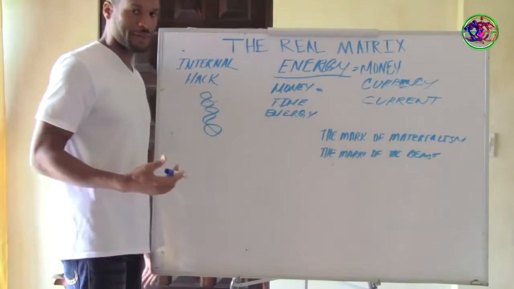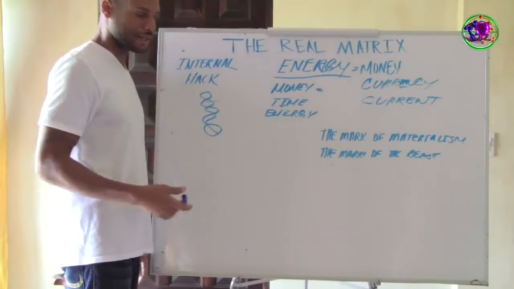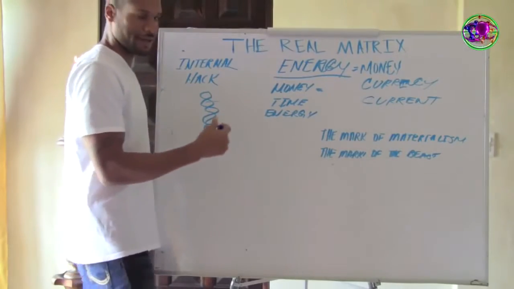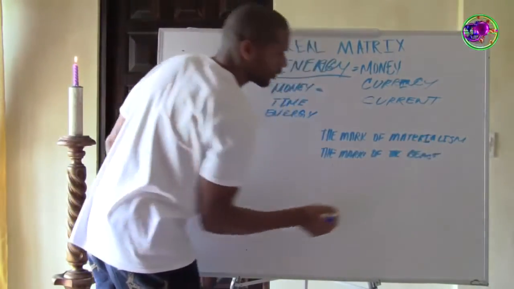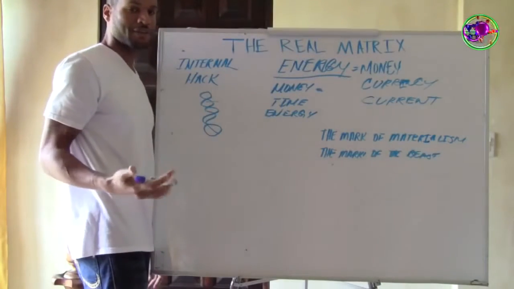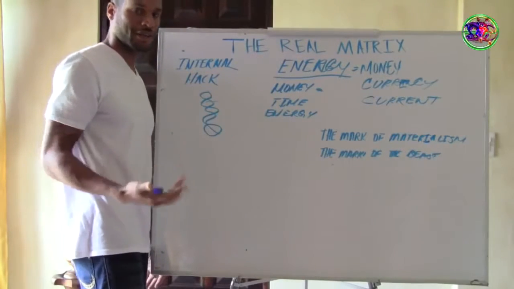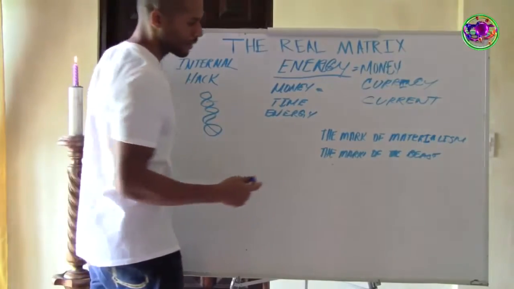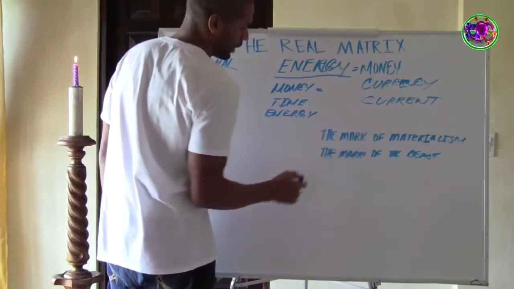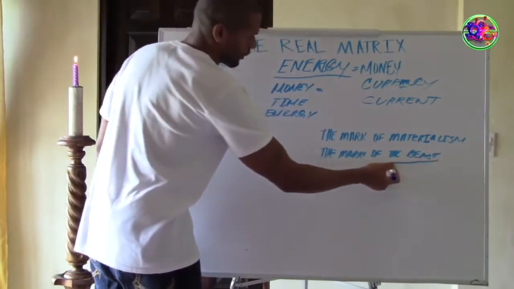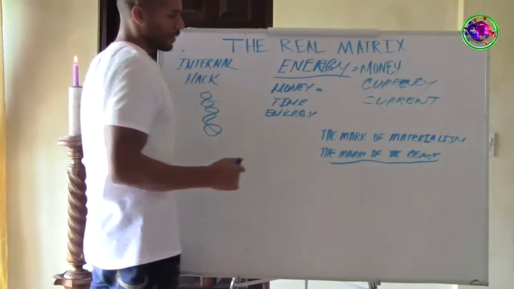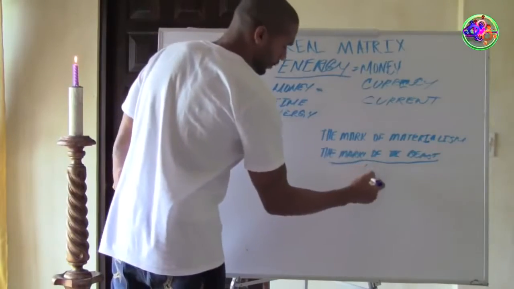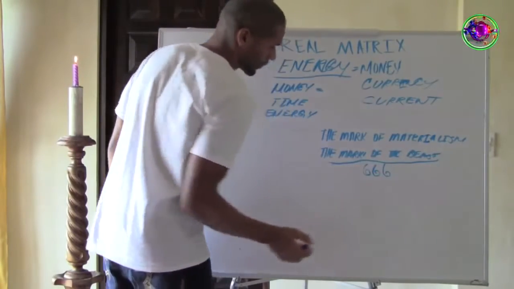There are certain parts of the Bible that come to play in here. And everyone knows exactly how I feel about the Bible, as the book being a book of riddles. And for the adept, they can understand what's being written. But for the novice, they're taking everything literally, and thus they don't get the correct understanding. There's something that's referred to as the mark of the beast in the Bible, and it gives a number, 666.